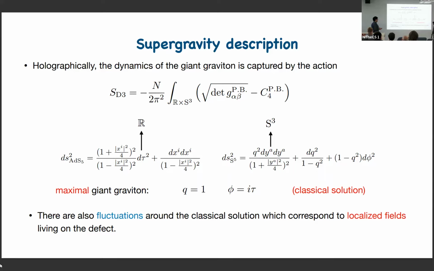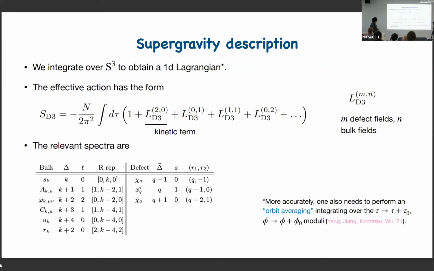Then on top of that, we can consider fluctuations, and those correspond to localized fields living on this line defect in AdS. The next thing to do is to integrate over the internal S3 to get a one-dimensional Lagrangian in AdS.